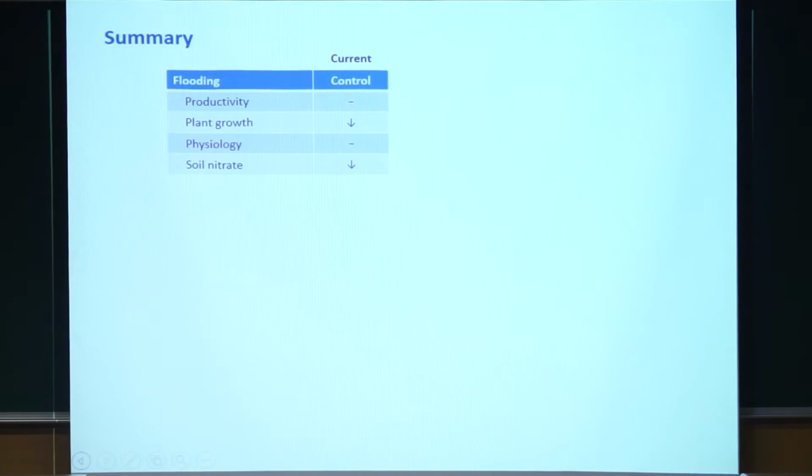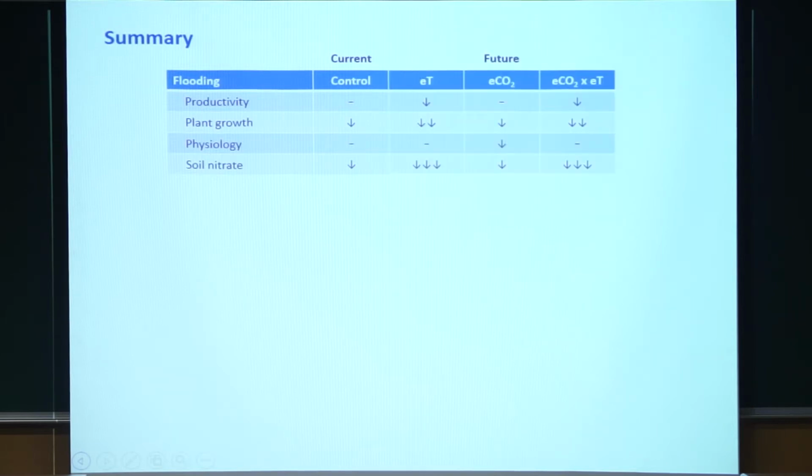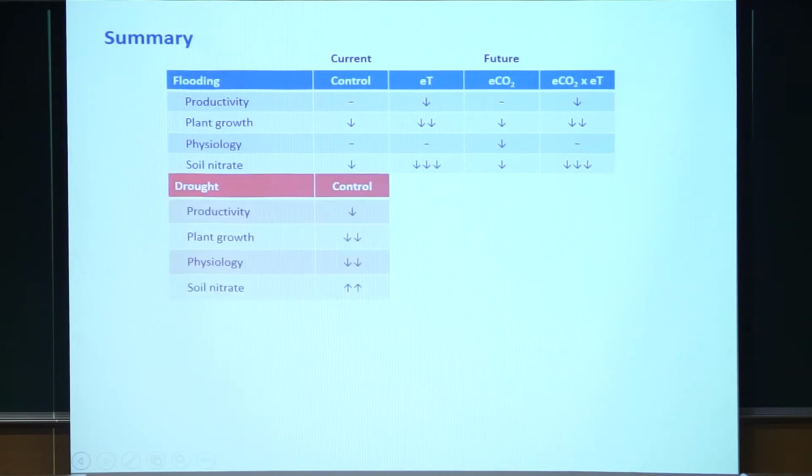So if we look at a summary, flooding tended to reduce productivity. It also had a small decrease in plant growth and soil nitrates. If we then added the future conditions, the impacts were much more negative. So under elevated CO2 and elevated temperature, the impacts were more damaging.